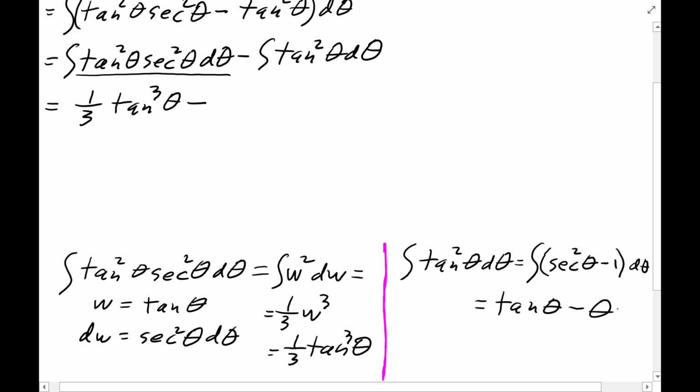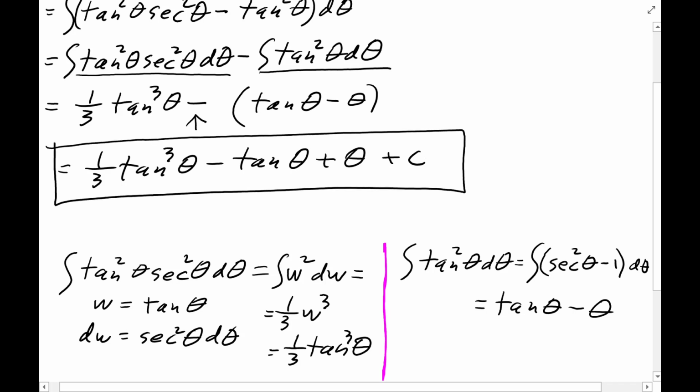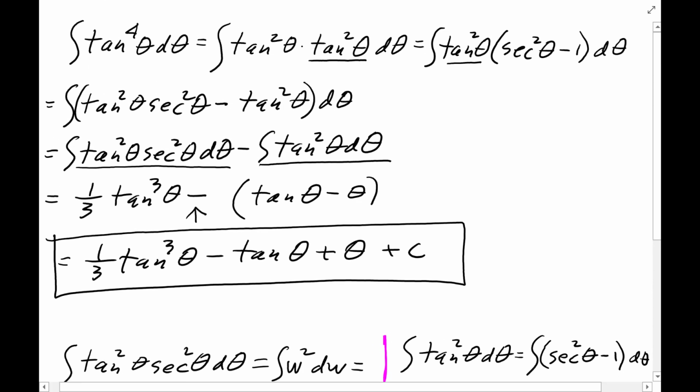So we go back up here and replace that integral with tangent theta minus theta. And then I distribute this negative sign through the parentheses and I get 1/3 tangent cubed theta minus the tangent of theta plus c. And I'm finished. That's our antiderivative.